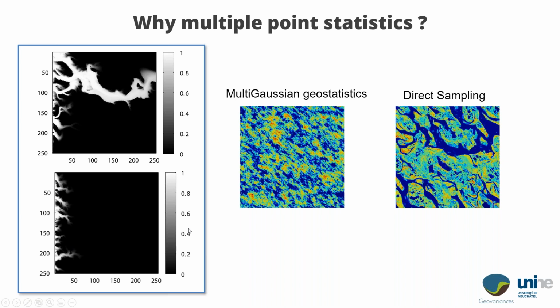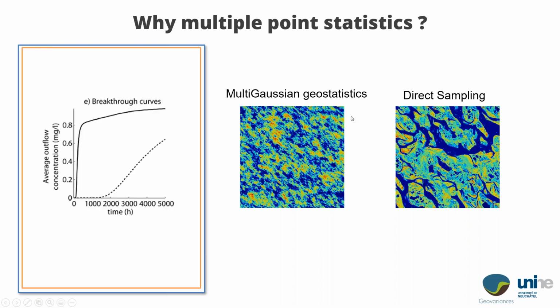So if we look at the breakthrough of this tracer on the other side of the medium, on the right side, you see that the breakthrough is arriving much faster in this image than in the multi-Gaussian one, and much slower in the multi-Gaussian. Also, that makes a lot of sense.